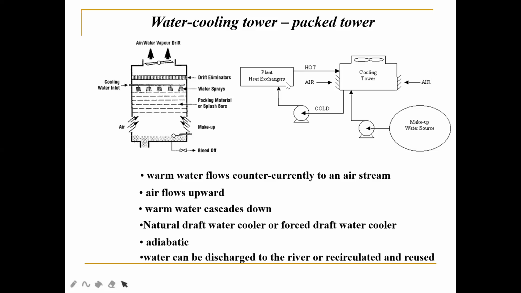There are also some other usages of the cool water from the cooling tower, but mainly it's for use in your heat exchangers. So this is a schematic of a cooling tower.